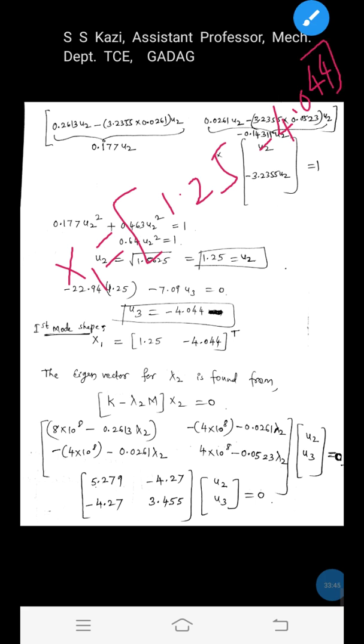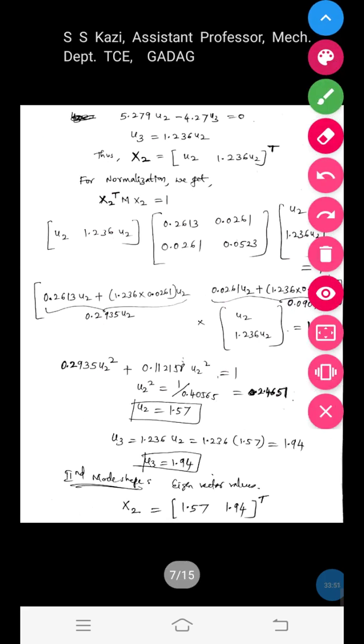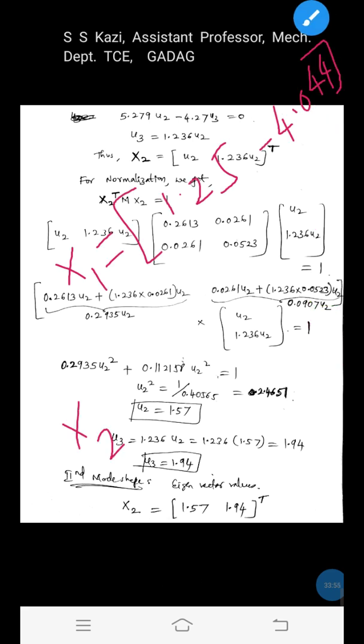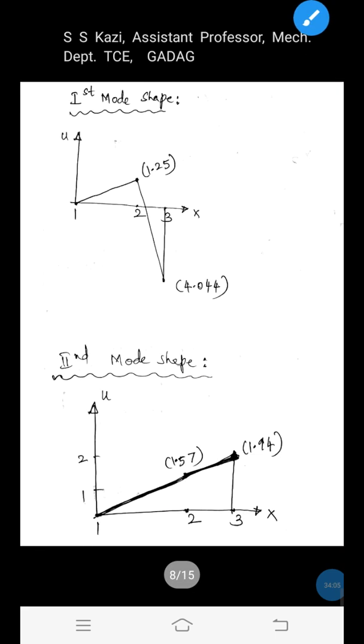Now the second mode shape eigenvector values we got, I will write x2 is equal to 0, 1.57, 1.94 we got. Now we will draw the mode shapes of vibration like this.